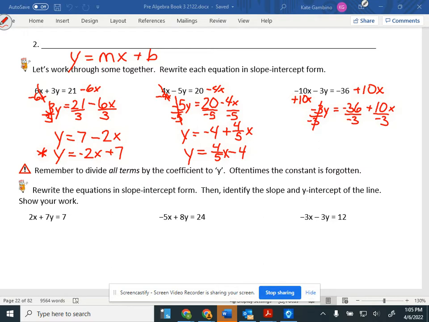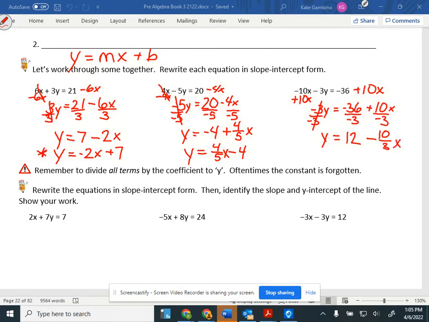So negative 3 divided by negative 3 is a positive 1, so positive y. Negative 36 divided by negative 3 is a positive 12. 10 divided by negative 3 is a negative 10/3 x.